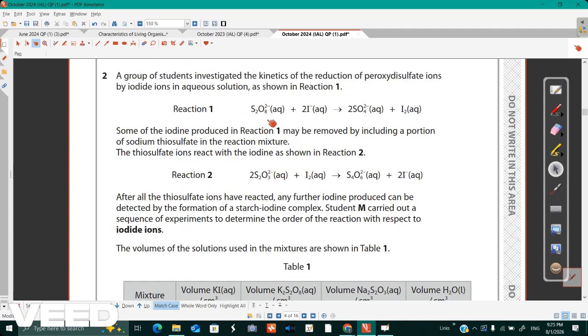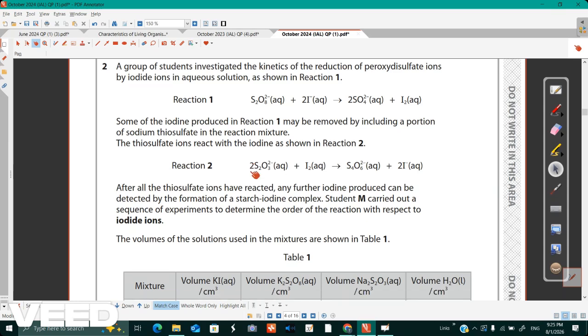This is peroxydisulfate, and this is thiosulfate. So peroxydisulfate is reacting with I minus and gives sulfates. And that released iodine is again reacting with thiosulfate and giving S4O6 2 minus, like a back titration.